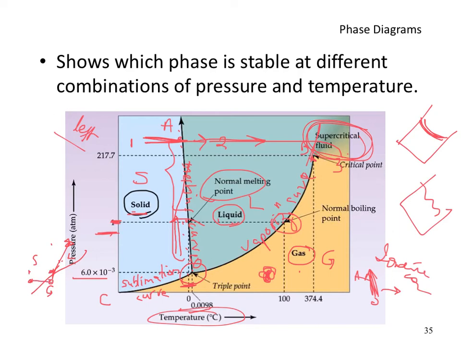As you increase the temperature, it goes from 1 to 2 without having to go through the liquid phase. And in a situation like this, you would say that we have this particular material which will sublime very, very easily.